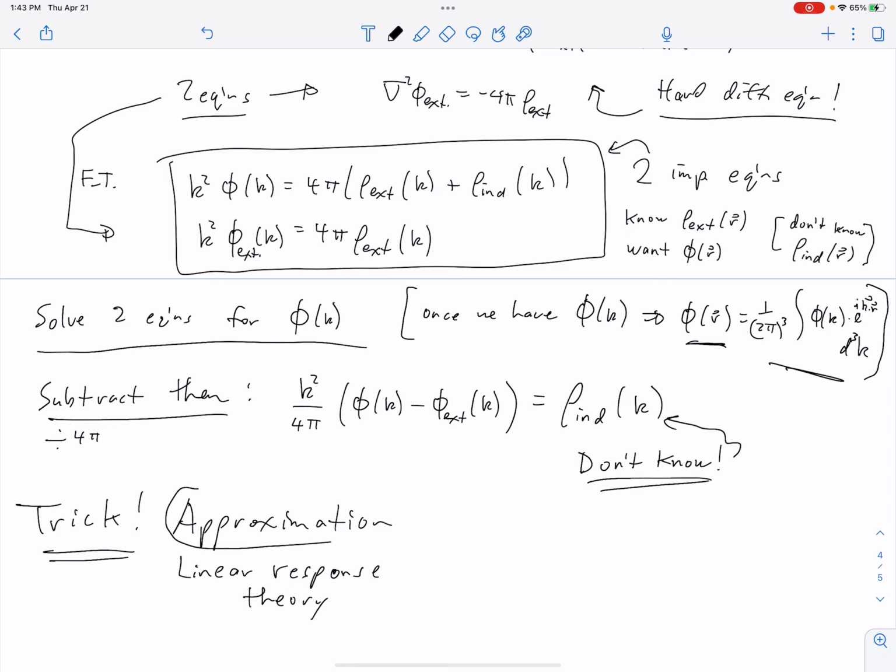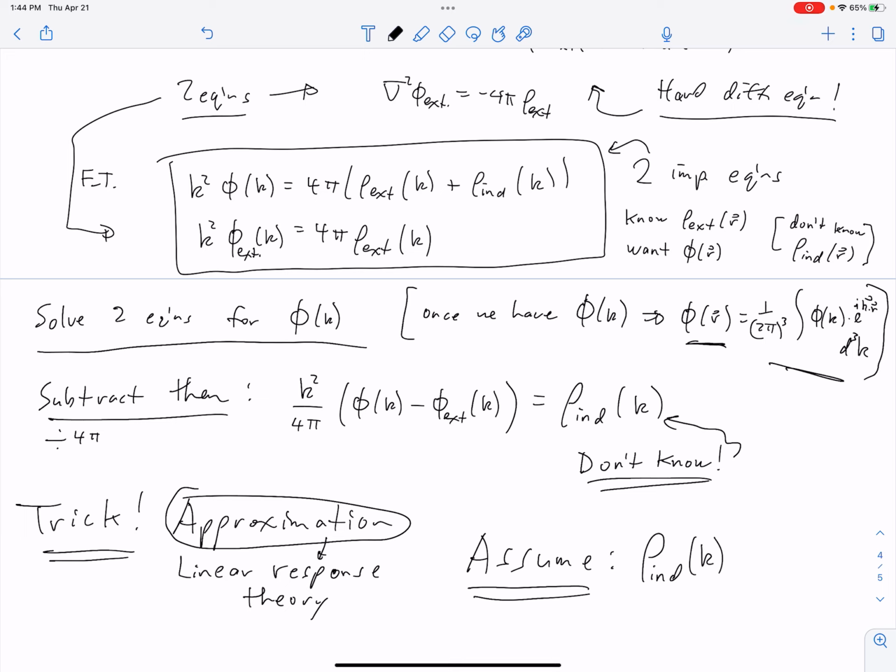So here's the approximation that we're going to make. It's a big approximation, but it works surprisingly well. We're going to assume that the Fourier transform of the induced charge is equal to the Fourier transform of the total potential, phi of k, times this new function we'll call chi of k.